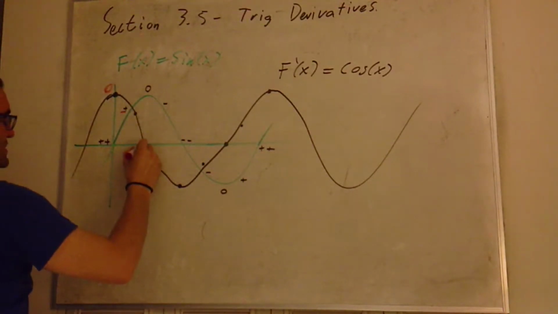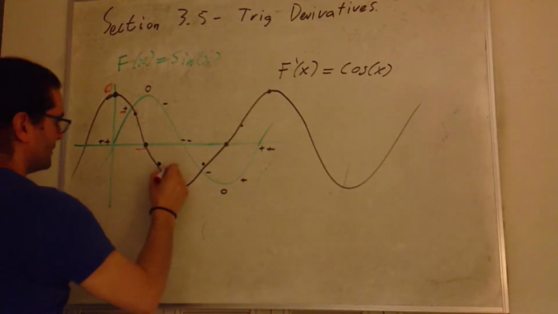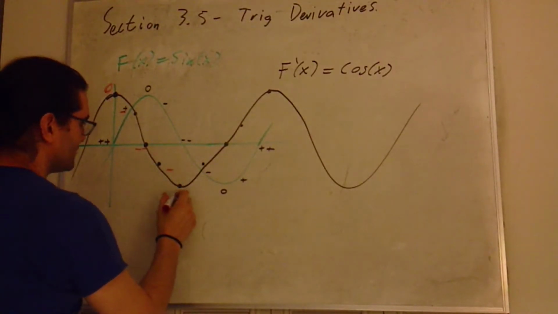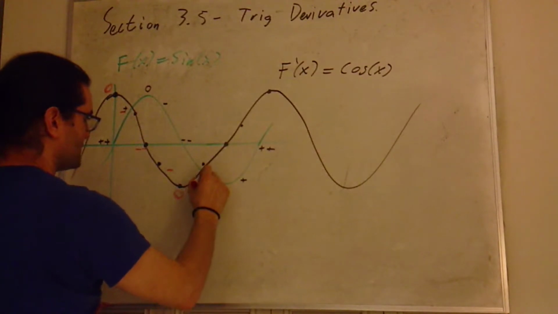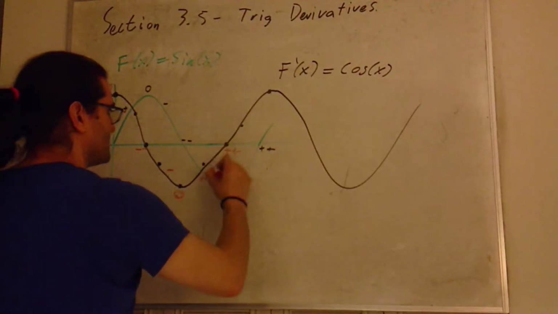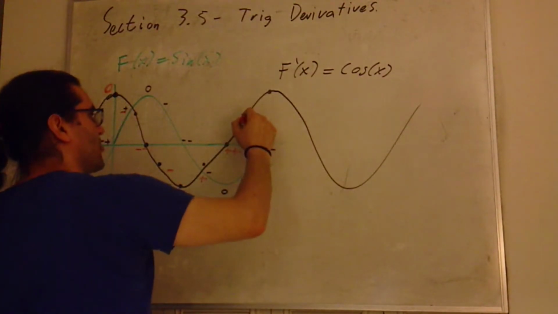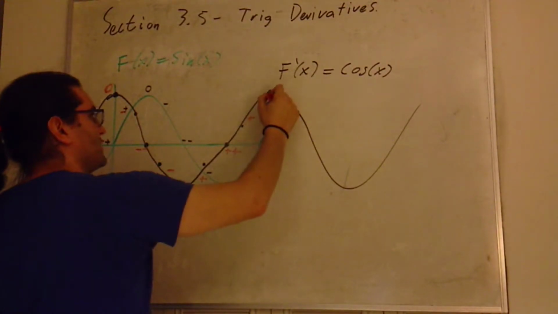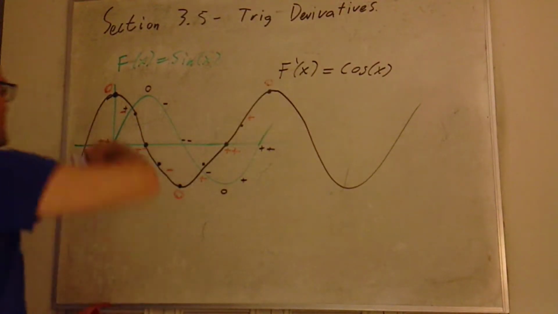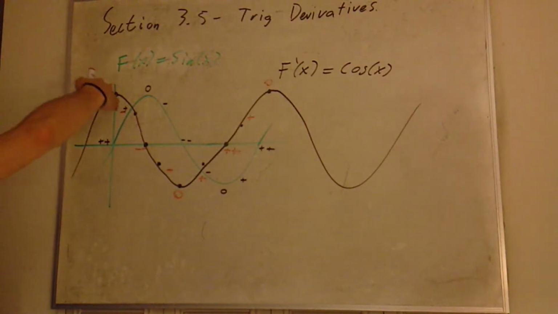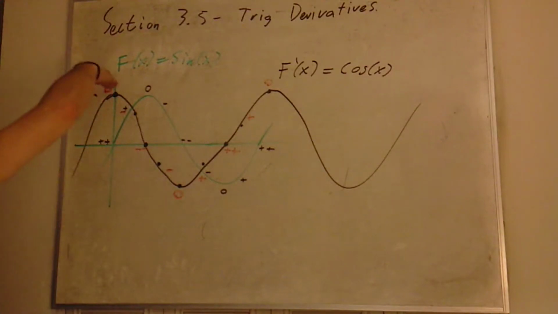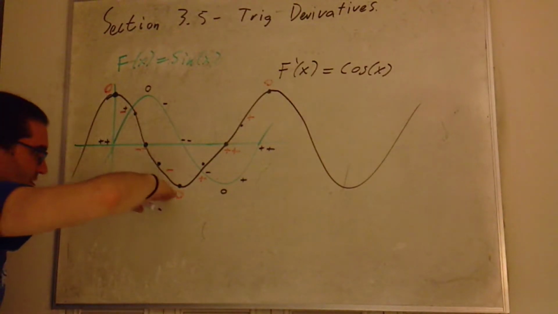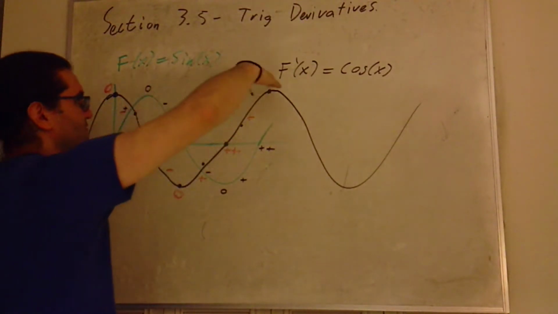It's going to get to its steepest negative here, then a more gentle negative, as it comes back to 0, and then it'll be positive, steep positive here, slight positive up here, and back to 0. In red here we have the slopes of the cosine wave. 0, negative, it's decreasing. 0, positive, it's increasing, back to 0.